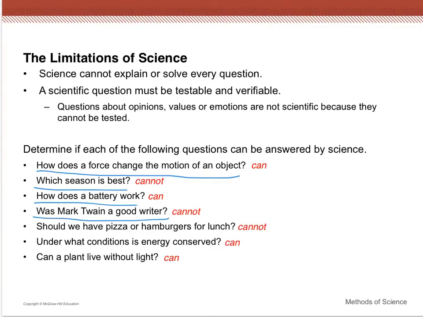That's not searching for a fact or a piece of knowledge. Should we have pizza or hamburgers for lunch? Once again, that's an opinion. Science can't help you with that. However, science can answer under what conditions is energy conserved, and can a plant live without light. Those are both testable and verifiable.